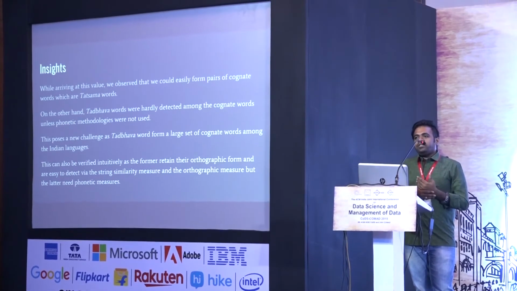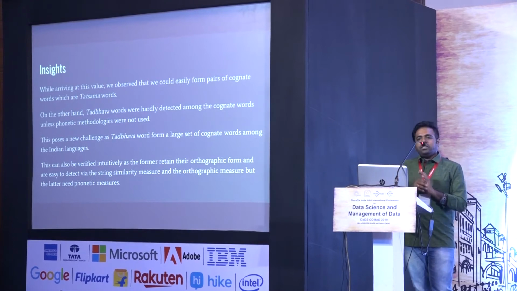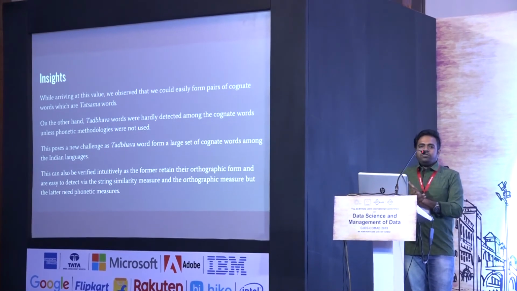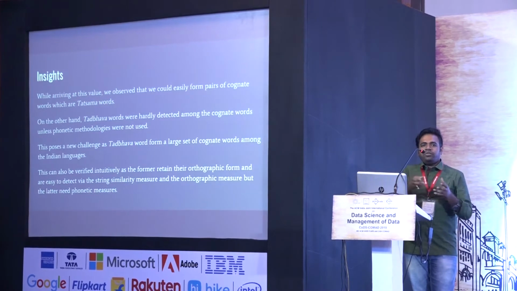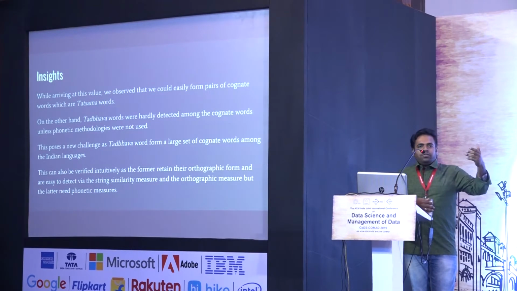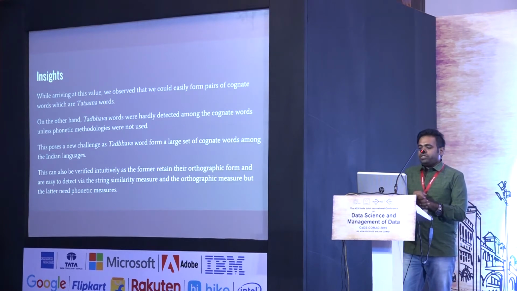We could easily identify the tatsama words because there are not a lot of orthographic changes in these cognate pairs, but tadbhava words take a different form when they go from one language to another. For example, if a word from Sanskrit is derived in Hindi, tadbhava words take a different form and are hard to detect orthographically. So this poses a new challenge and gives us a lot for our future work. This is something we are going to look into in the future.